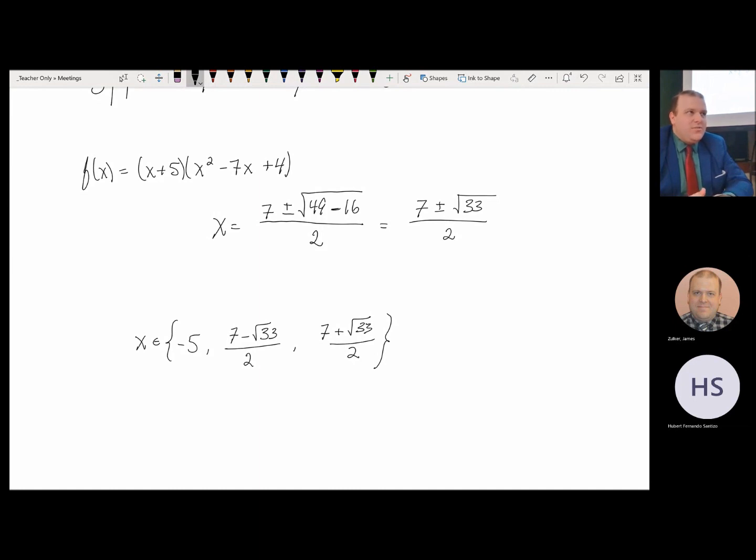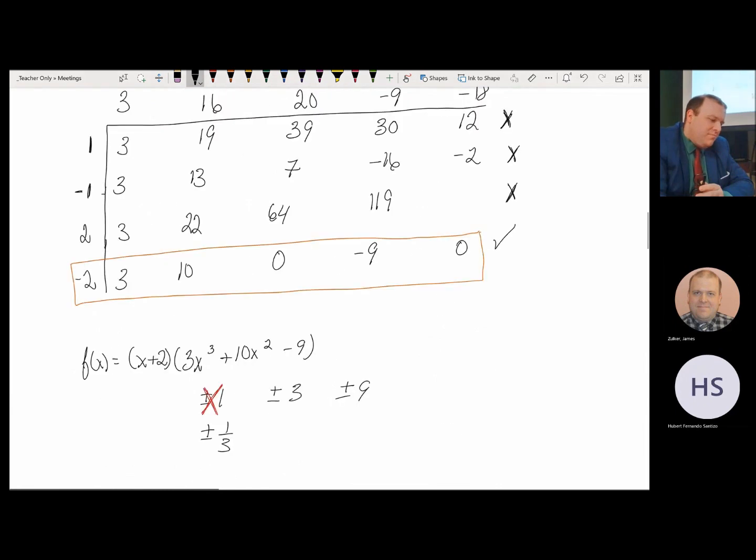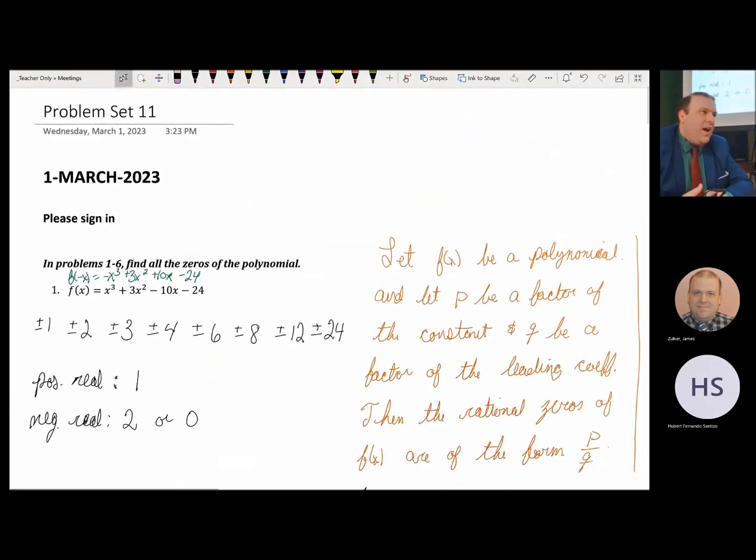Read the instructions. Read what it's asking for. It may ask just for the real zeros, in which case you ignore the complex. These instructions said find all the zeros, which means I am looking for complex. And then you move on to calculus and don't ever worry about that again.